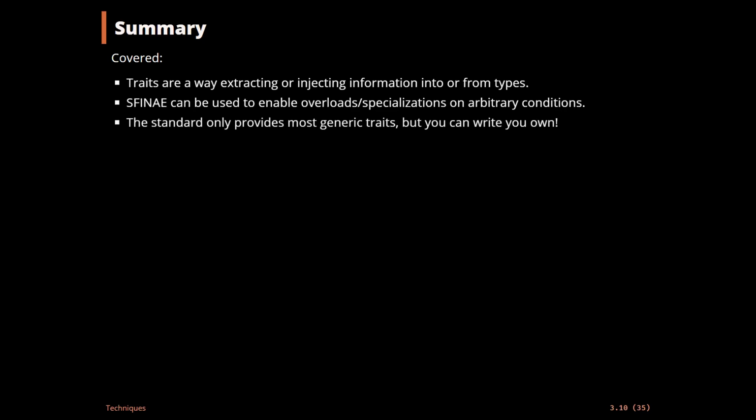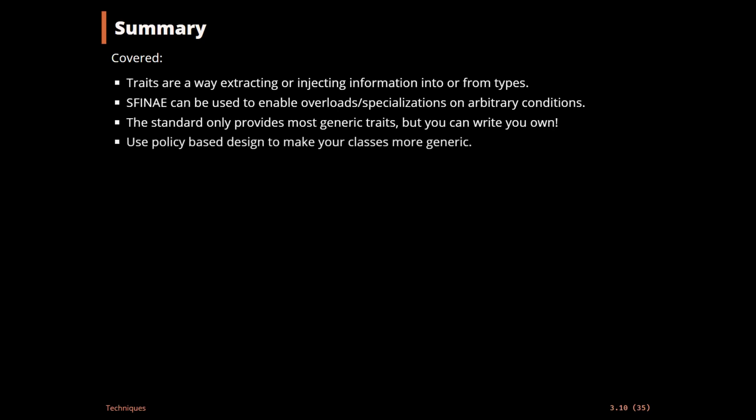The standard will provide you only with the most generic traits. So they have things like is function, is object, but they won't have things like is my specific class or is function pointer. If you want an is function pointer, you first have to check, all right, is it a pointer? And then is it a function after I remove the pointer? That's how you can see if it's a function pointer.